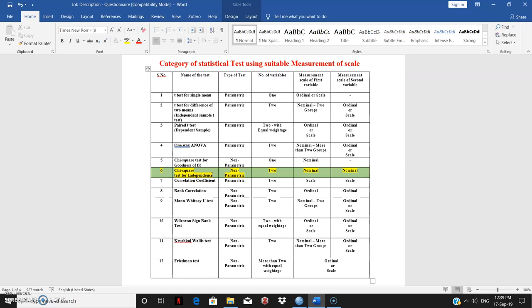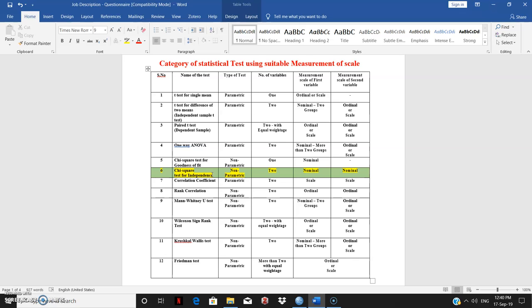I want you to remember very clearly that the words we use in the hypothesis writing for the chi-square are: there is an independence between these two variables, or these two variables are independent, or we say that these two variables are associated, or there is an association between variable x and variable y.